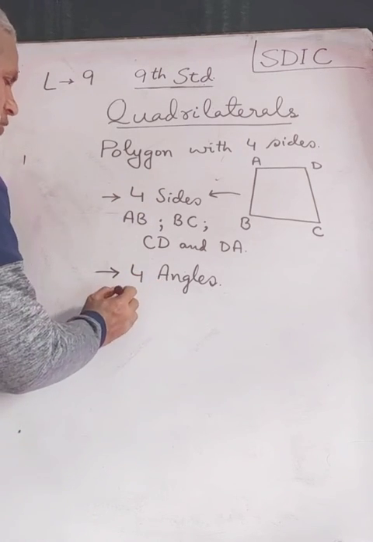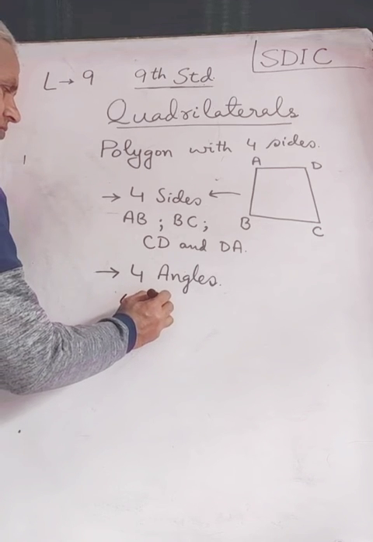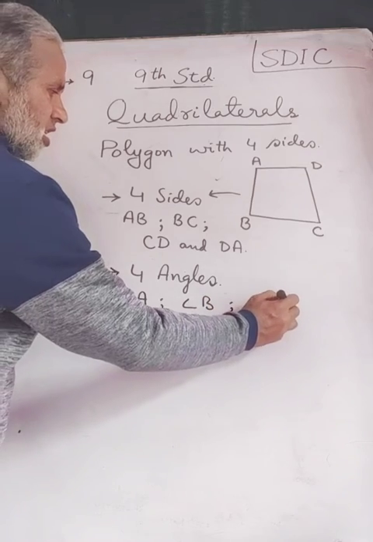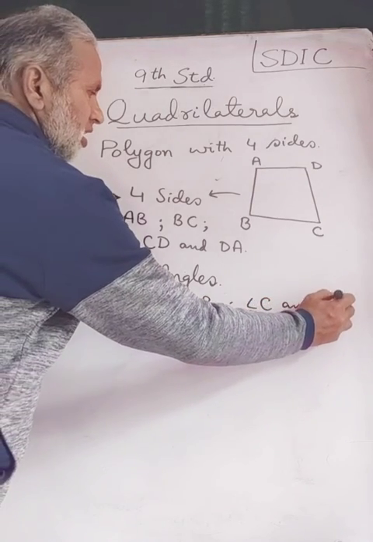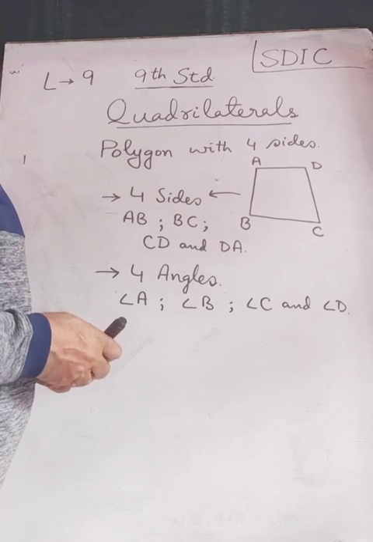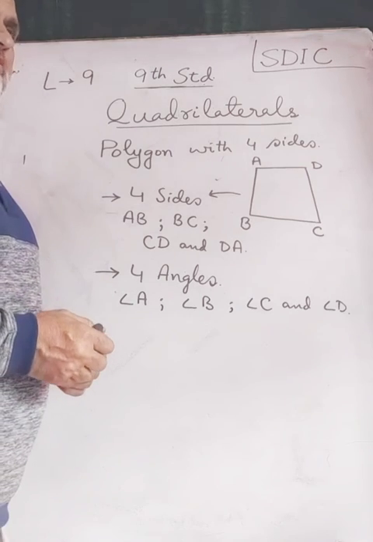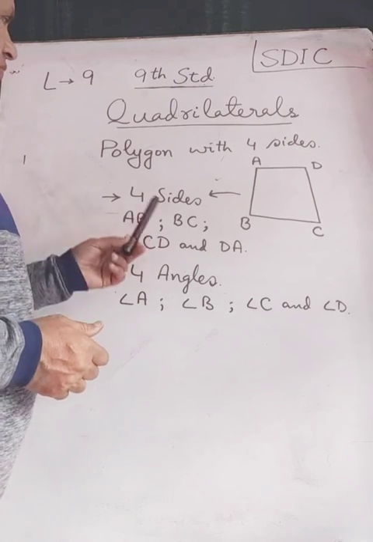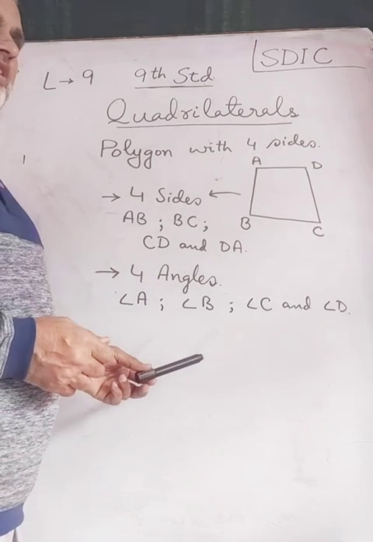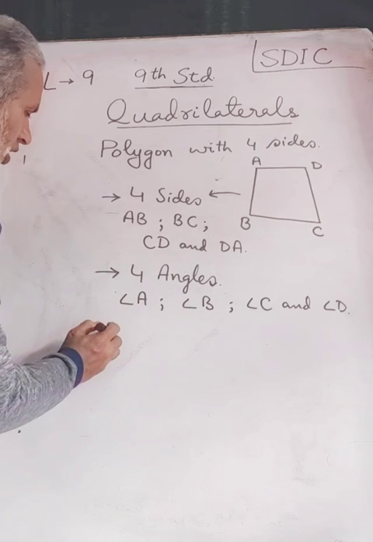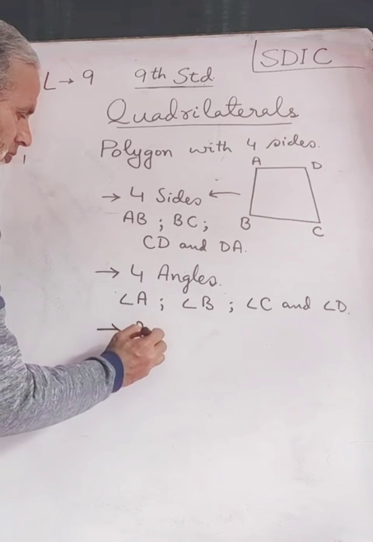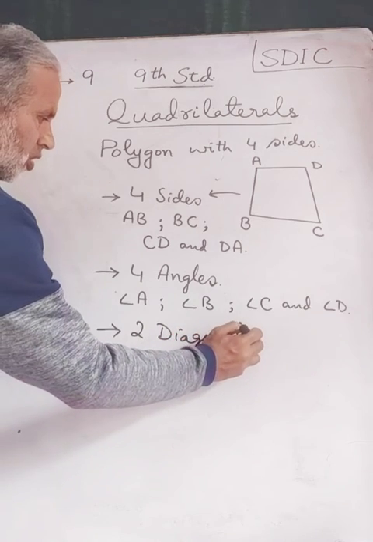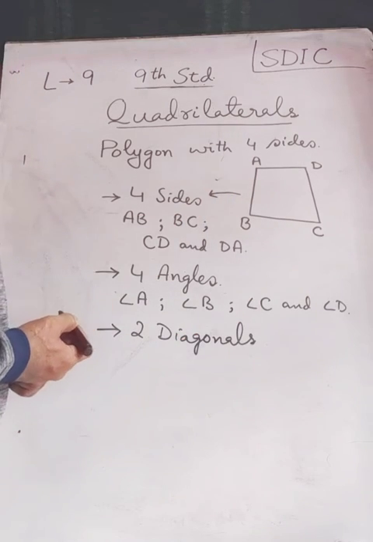Now short names of those angles will be angle A, angle B, angle C and angle D. These are the 4 angles. Besides these 4 sides and 4 angles, a quadrilateral has two diagonals also.